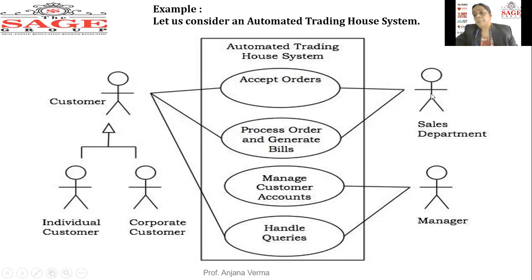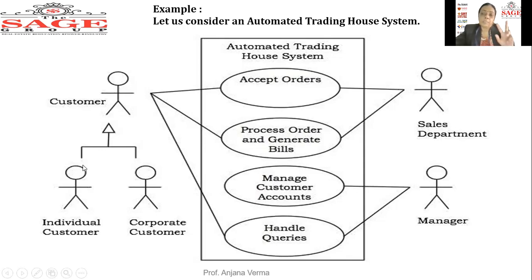Sales department is also an actor which gives the item list of the sales, and the manager manages the registration of customer, the payment of customer, and all these things. Now you can divide the customer into two, three, four, many parts.